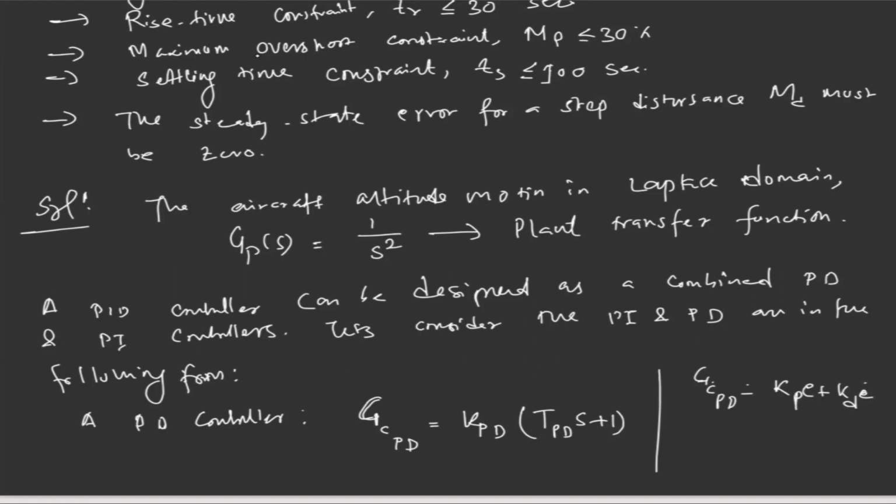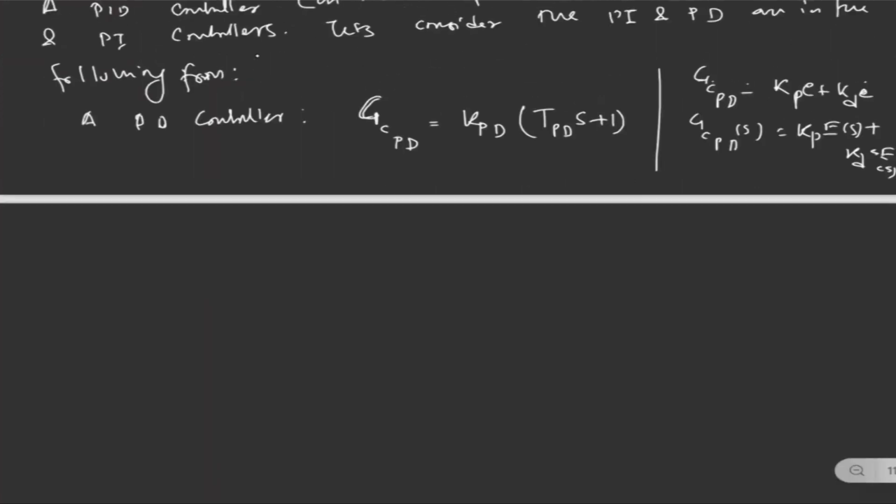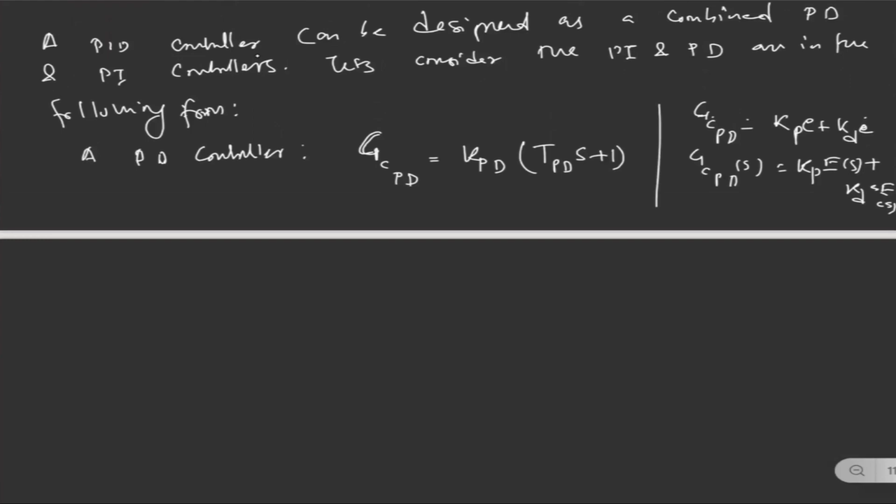Or in Laplace domain, we can write GCPD is KP E(s) plus KD s E(s). And if you'd like to simplify further, we can take KP common from both terms.